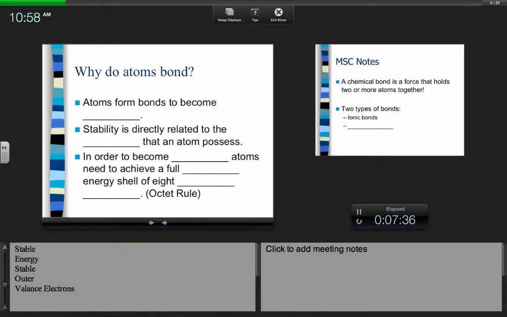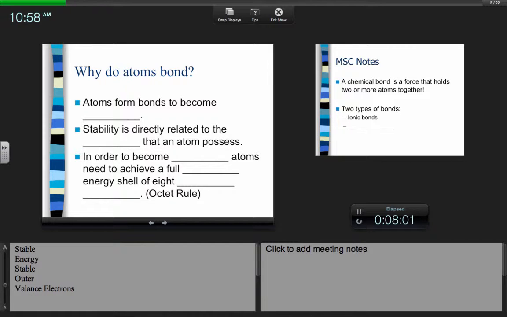Atoms need to achieve a full outer, O-U-T-E-R, energy shell. So in order to become stable, comma, atoms need to achieve a full outer energy shell of 8. Ooh, there's that number that we've seen before.